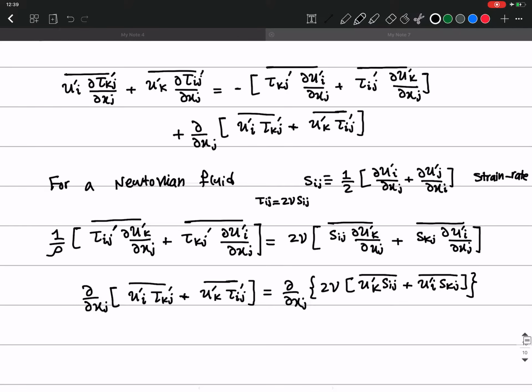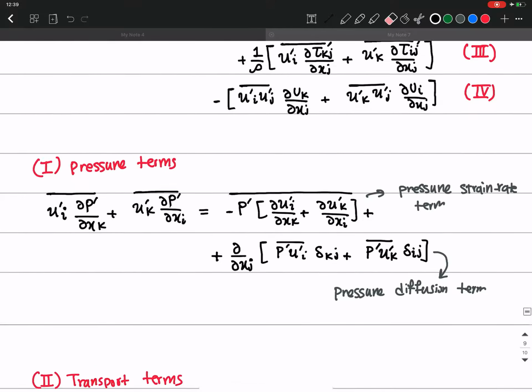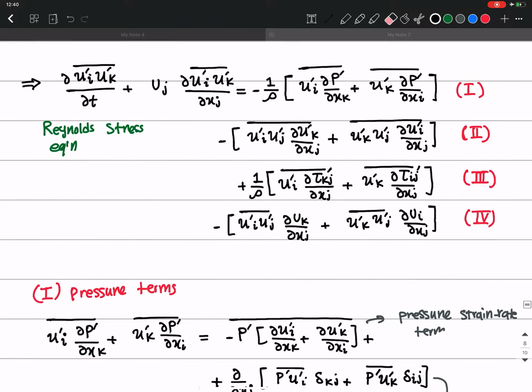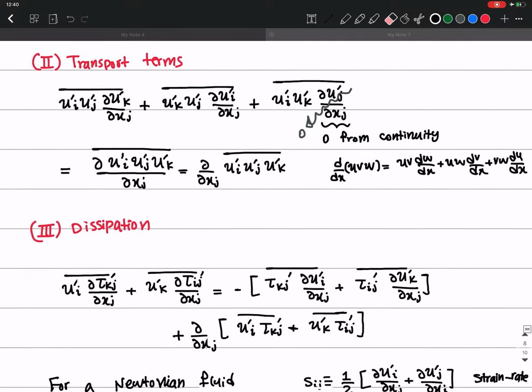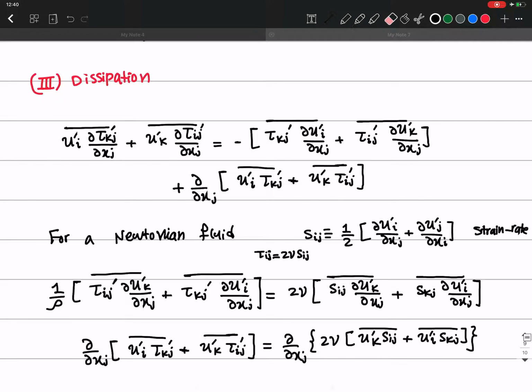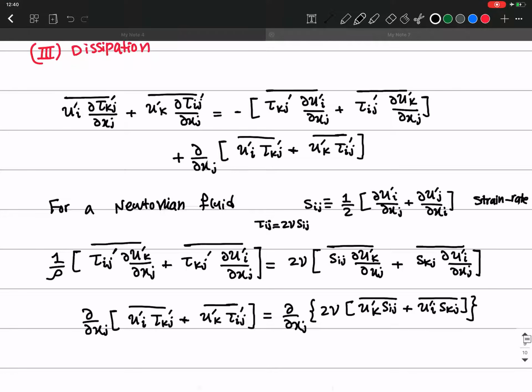And finally, the only term that remains that I haven't written yet is this term. We need to have a minus sign here based on what you see.